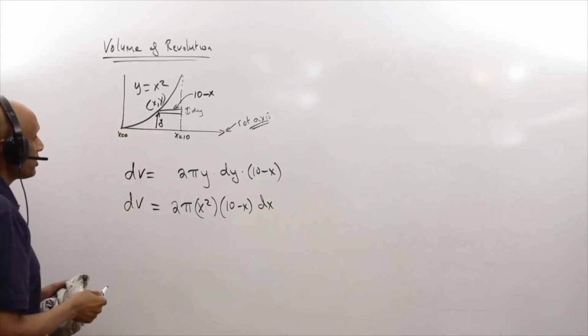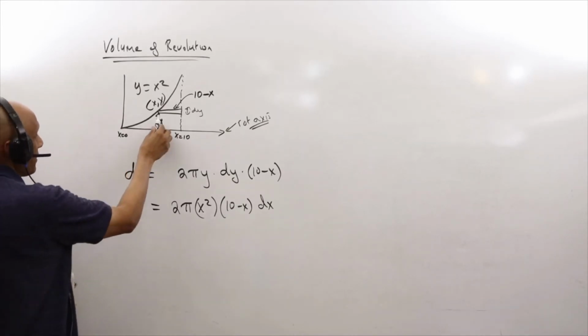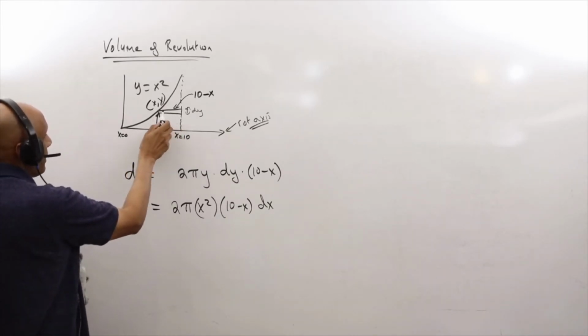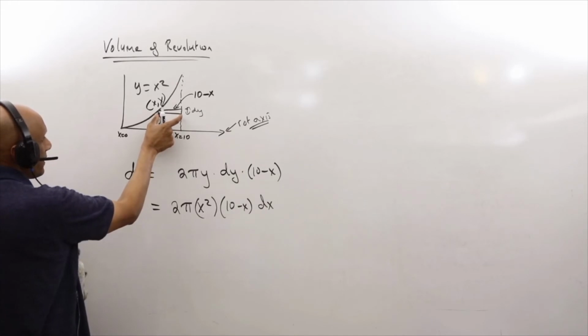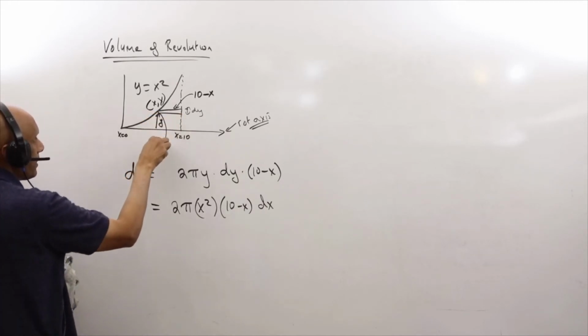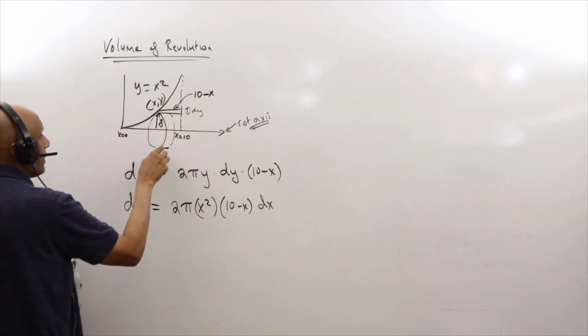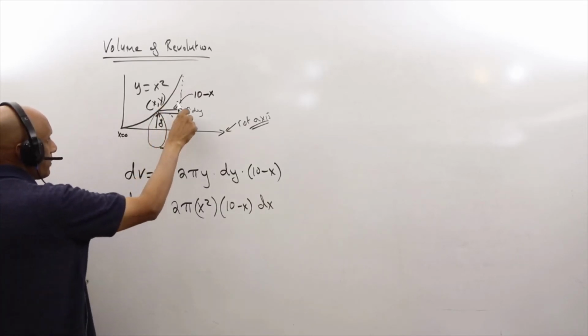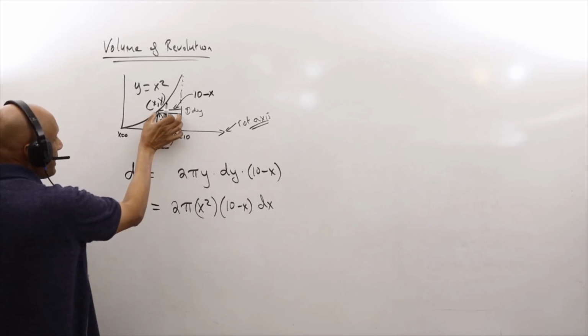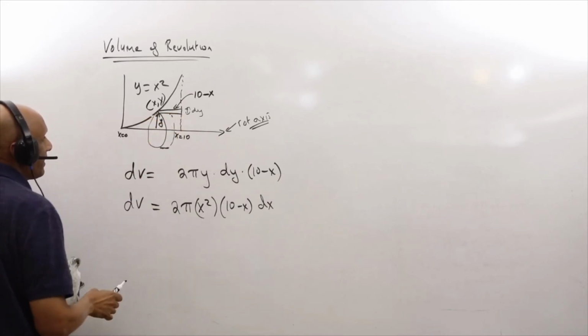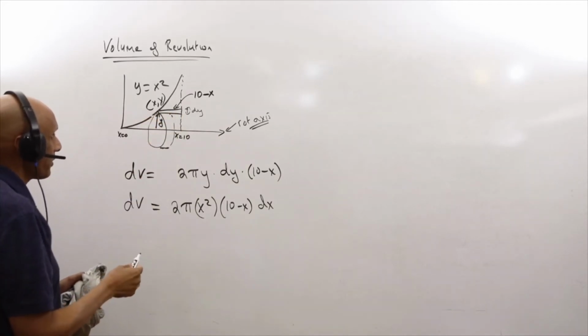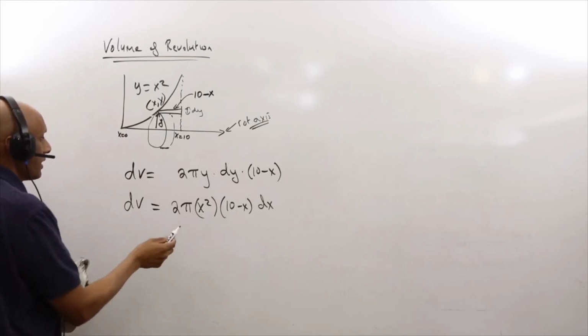Now I really couldn't generalize it because I need to know the function, where this cylinder, the shell that's created, comes from. I have to know the thickness of the shell, which is dy, but the height of the shell depends on how you analyze it. If somebody gave you a different curve, you're going to have to do some extra work to do this calculation.